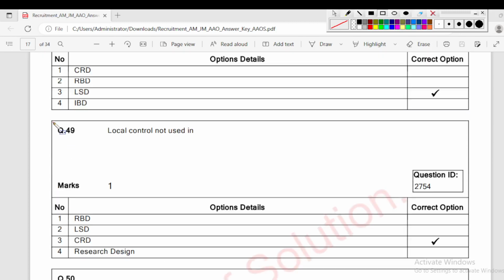Question number 49. Local control is not used in option 1 RBD, option 2 LSD, option 3 CRD, option 4 research design. Option 3 is correct, CRD.